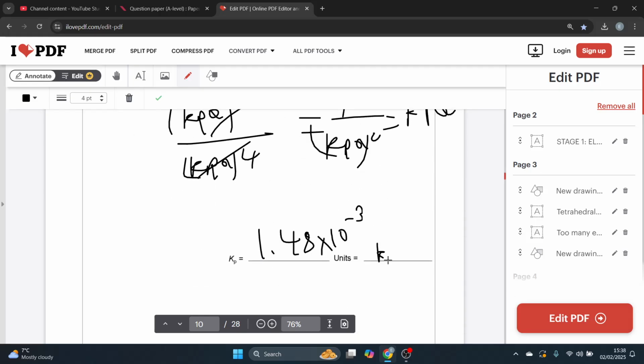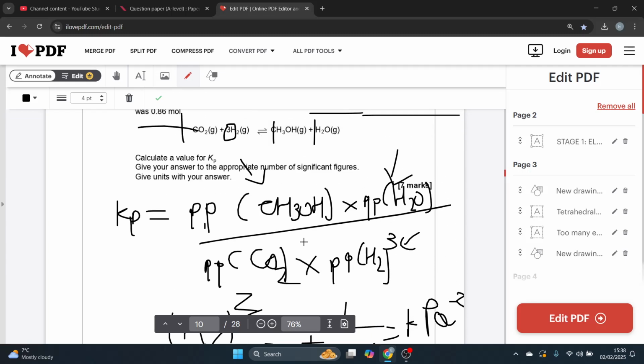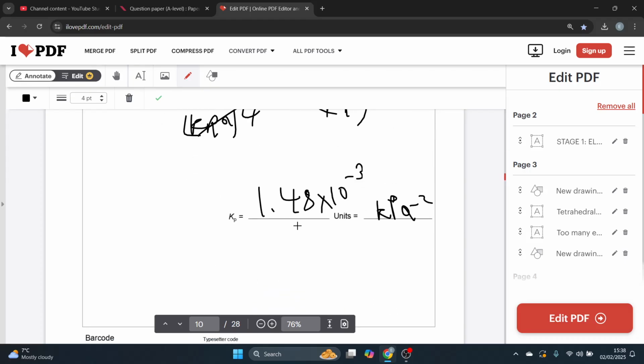So that's going to be my units, kPa to the power minus 2. Does it want an appropriate number of significant figures? I guess I could do 1.5 times by 10 to the power minus 3 kPa to the power minus 2.